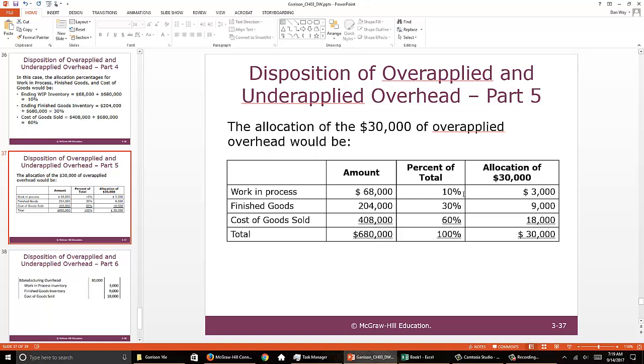So when we multiply those portions by our $30,000 of over applied overhead, we find that we would need to allocate $3,000 to work in process, $9,000, 30% to finished goods, and then $18,000 or 60% to cost of goods sold. Just make sure we kind of double check and have allocated 100% of our over applied or under applied overhead. And then our journal entry is pretty similar to our other disposition entry.